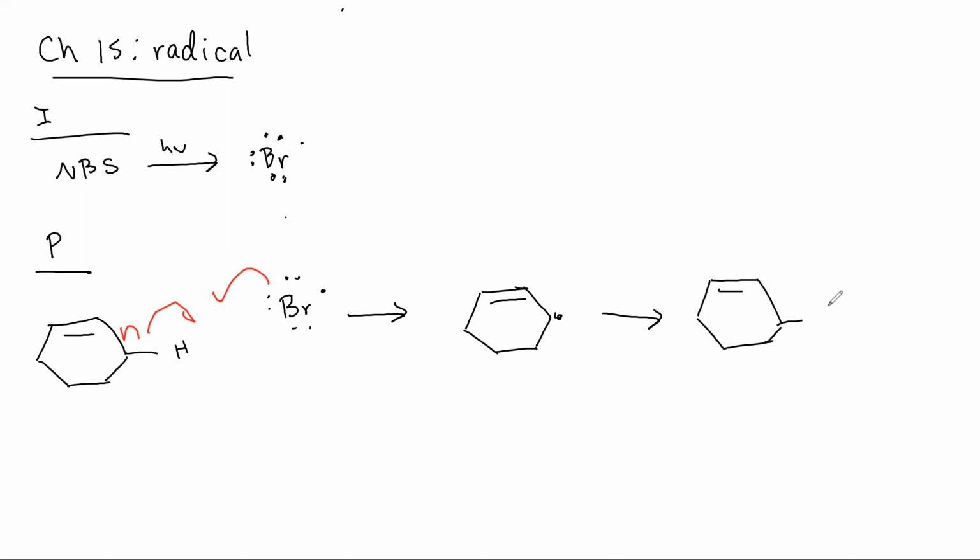And again, termination will occur. It's just not drawn in this instance because it's basically to save room. But again, whenever we use NBS, this is basically what's happening. We do the initiation just like before, we do propagation just like before, and then termination will follow.